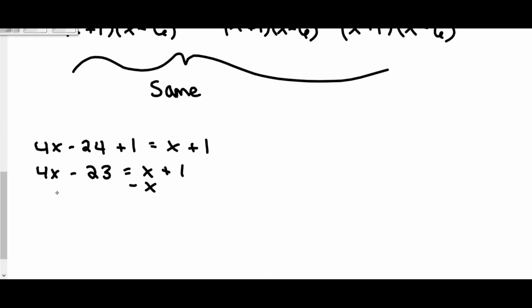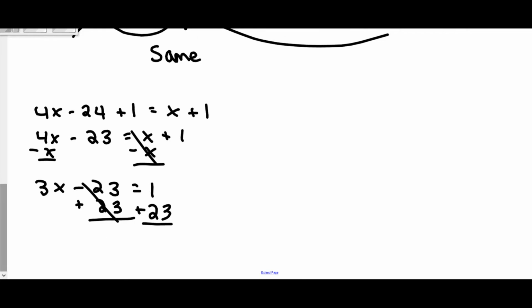I'm going to move x over, so I'm going to subtract both sides by x. So that leaves me with 3x minus 23 equals 1, and I'm going to add 23 to both sides. So I get 3x equals 24. Divide both sides by 3, and I get x equals 8.